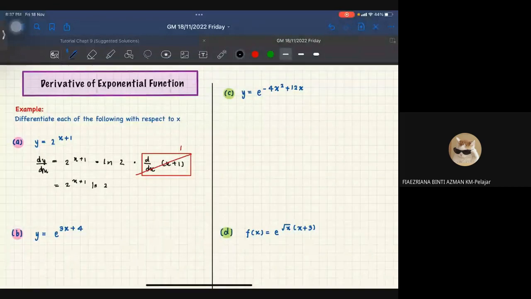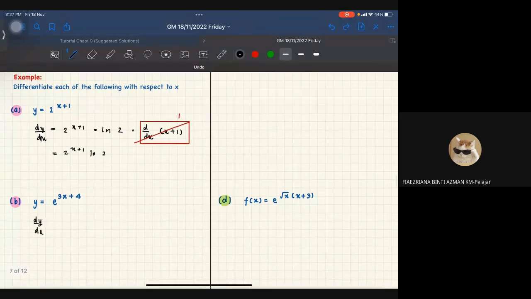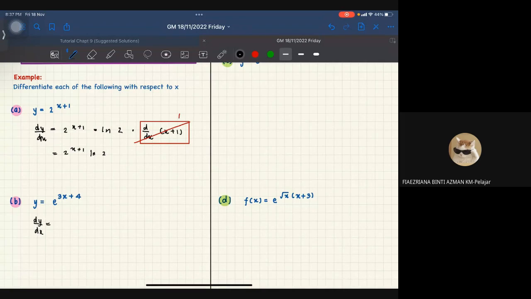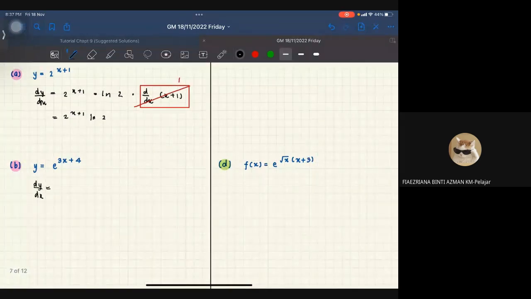Kalau soalan tu bagi kita exponential function, base dia adalah E. Okay, so apa yang kita nak buat sekarang? Salin dulu dy/dx. Okay, the first step, sentiasa salin semula soalan.